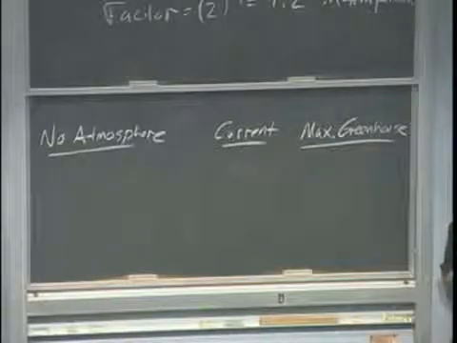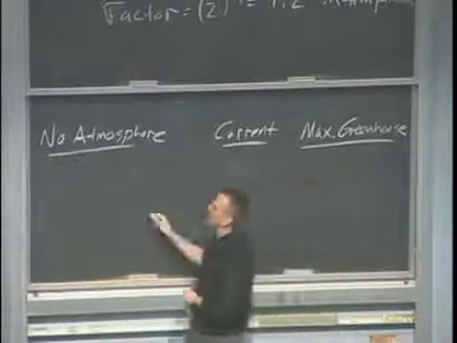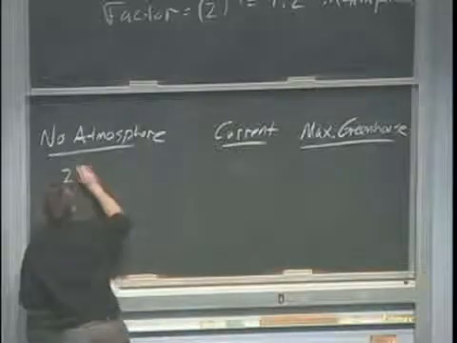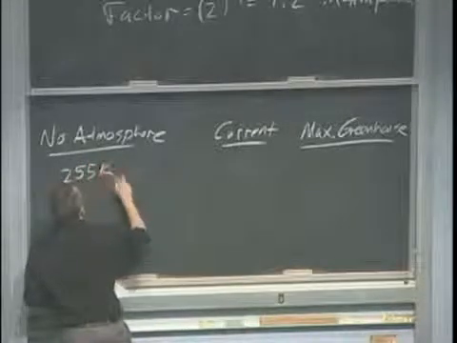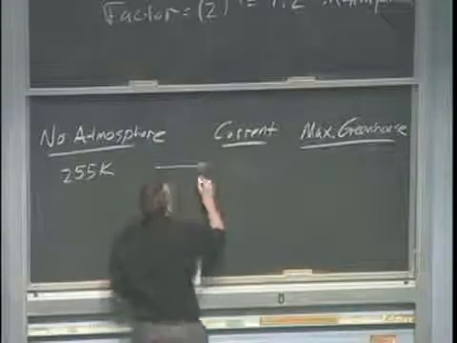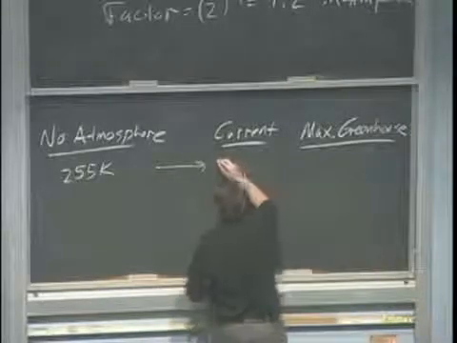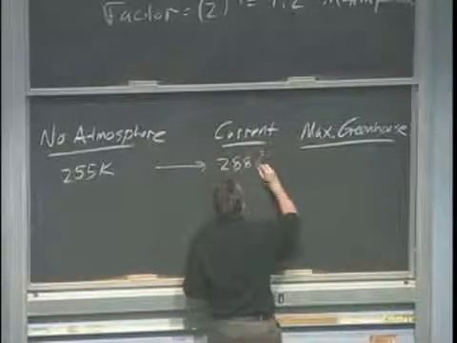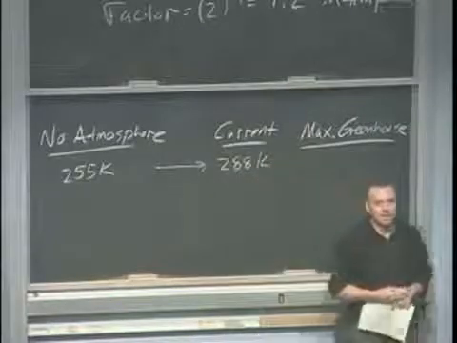Those numbers we found were that with no atmosphere, the average temperature of the Earth would be about 255 K. That compares with our current value, which is 288 K.